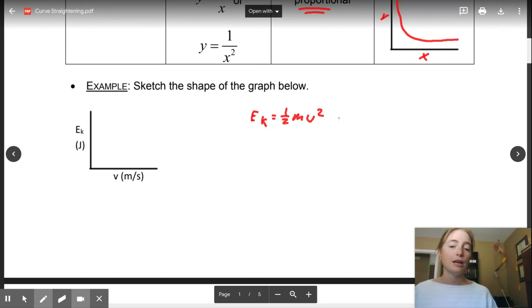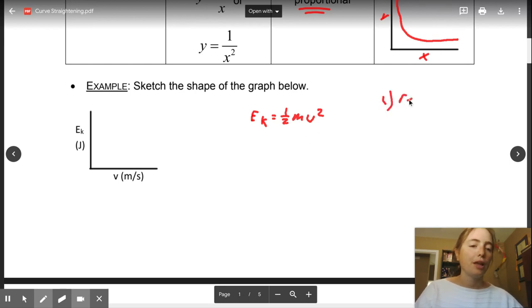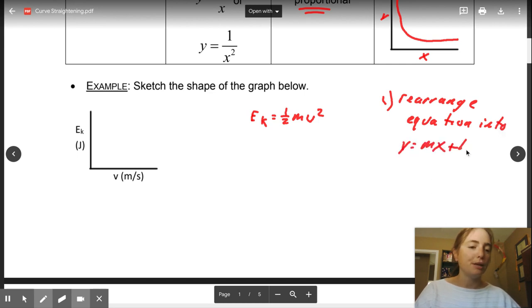What I am now going to do is determine the relationship between my y and my x. The very first thing you need to do is rearrange your equation into y equals mx plus b. We're not going to do a ton of this right now; we're going to do a ton of it a little bit later.